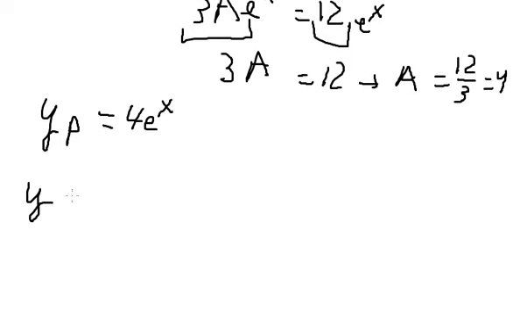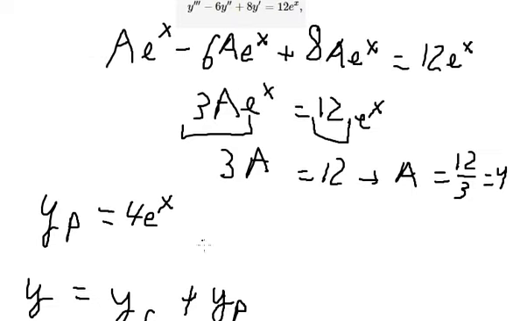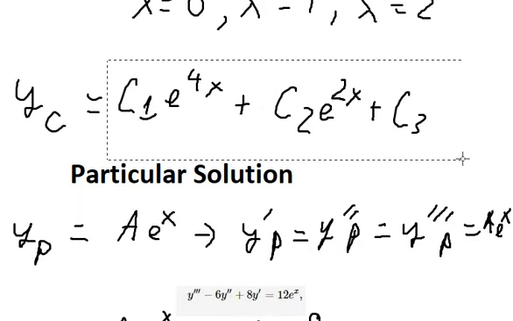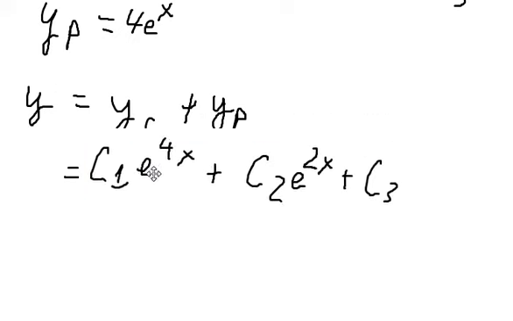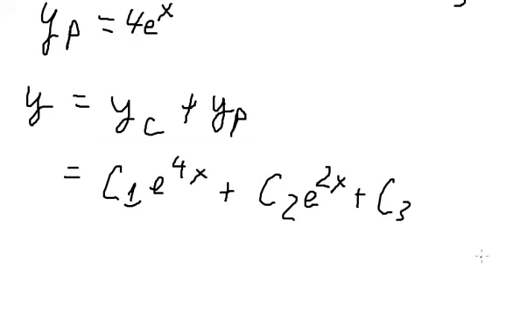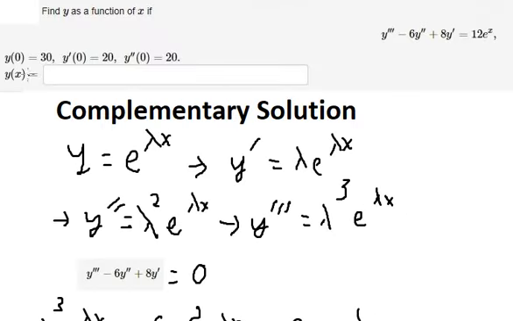About the general solution, we have yc plus yp. Yc we just calculated in here. That's this one. And yp is 4e to the power of s. Now we need to find the particular solution in here.